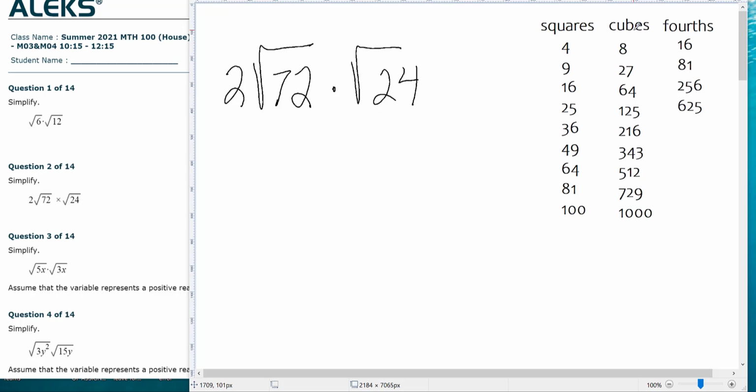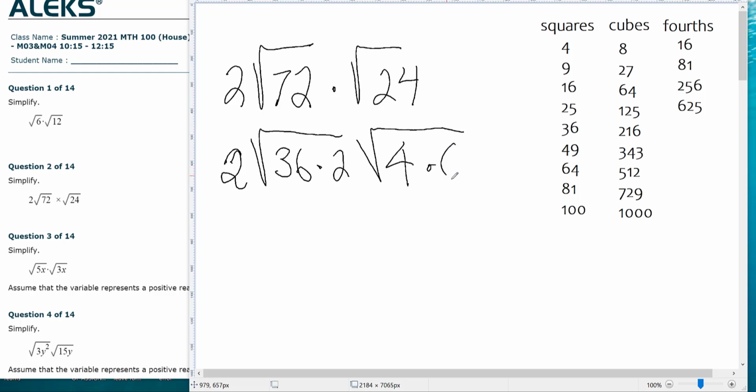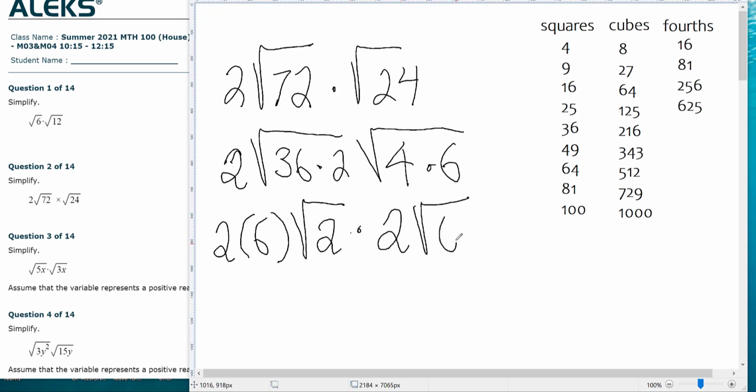So this time, instead of multiplying first, I'm going to reduce first. 72, we just saw that one, is 36 times 2. 24 has a perfect square of 4, then that's going to be 4 times 6. So if I reduce this, there's a 2 outside, and a 6 will come out. It will have to be multiplied by the 2. That will leave a square root of 2 inside that radical. And then in the second one, the square root of 4 is 2, and it will leave a 6 inside of that one.